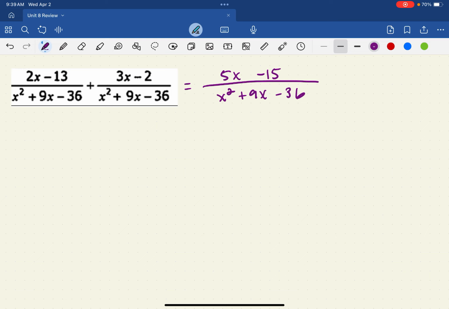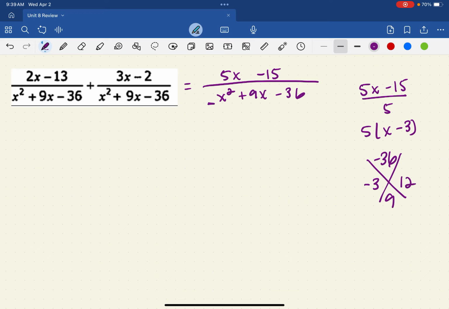Let's go ahead and factor top and bottom. So 5x minus 15, GCF would be 5. So x minus 3. On bottom, I've got negative 36 and 9, and I am doing x method because it's a trinomial. So I have negative 3, positive 12, no leading coefficient, so no grouping on this one.